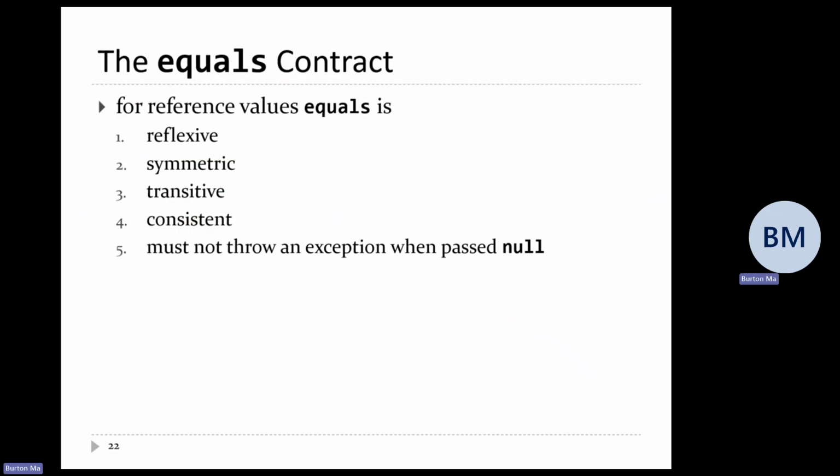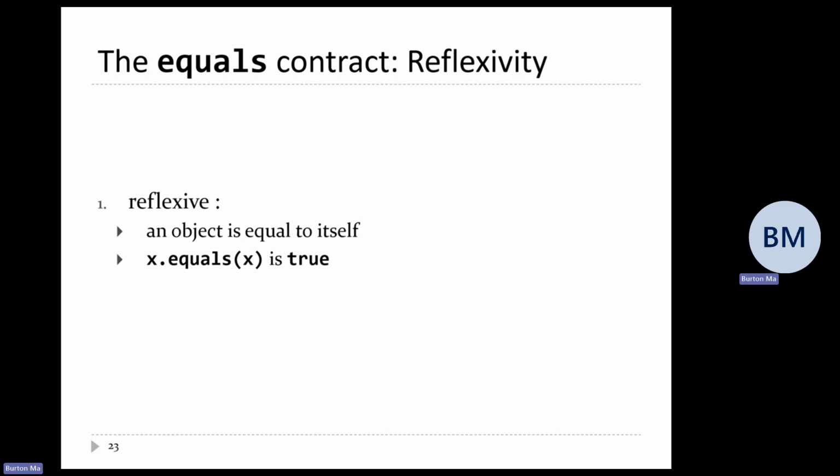Okay, so the 4 requirements for equals actually have a mathematical description. Equals is reflexive, symmetric, transitive, consistent, and it must not throw an exception when passed null. These are all terms from mathematics. So what does reflexivity mean?